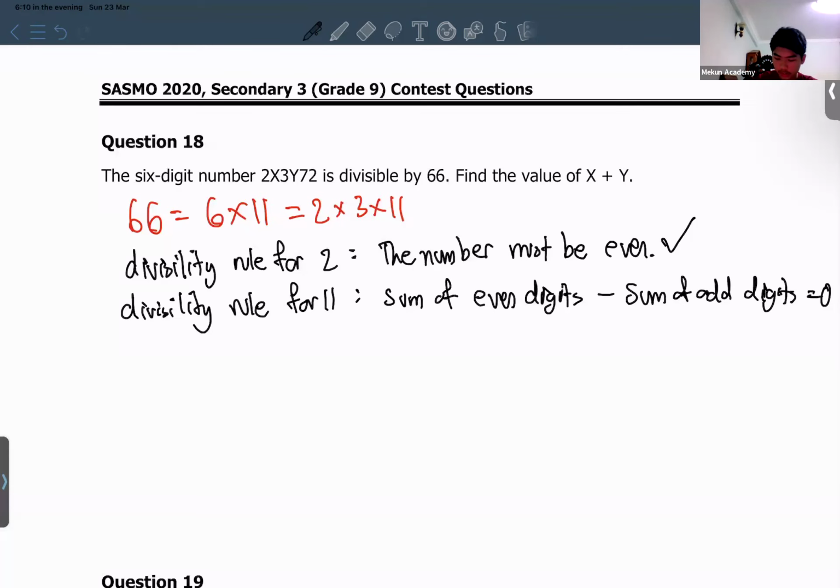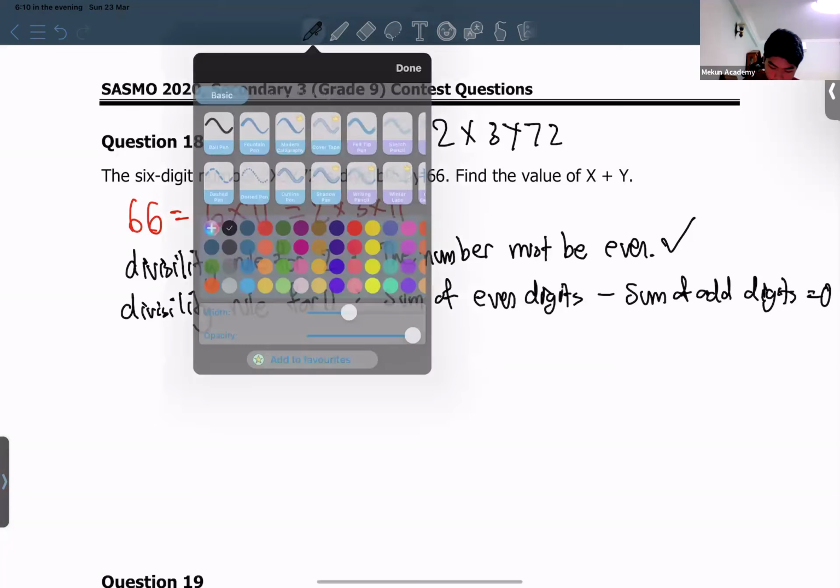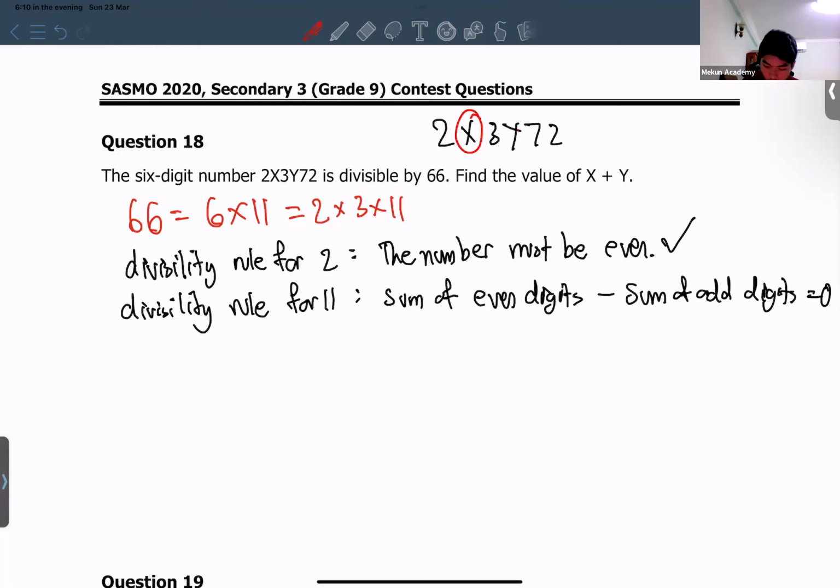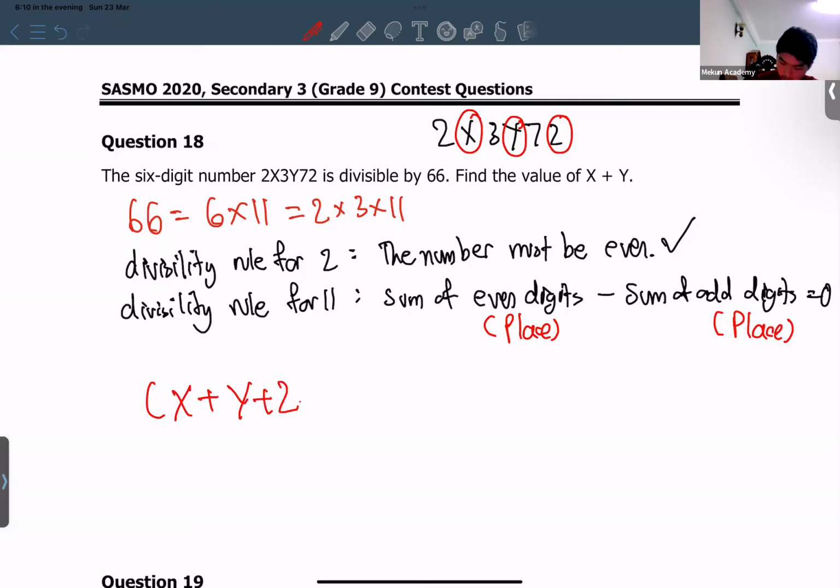So for this 6-digit number, 2x3y72, we look at their places. For the even places, which are x, y, and 2, the sum of even digits is x plus y plus 2, minus the odd, which is 2 plus 3 plus 7, and this must equal 0.